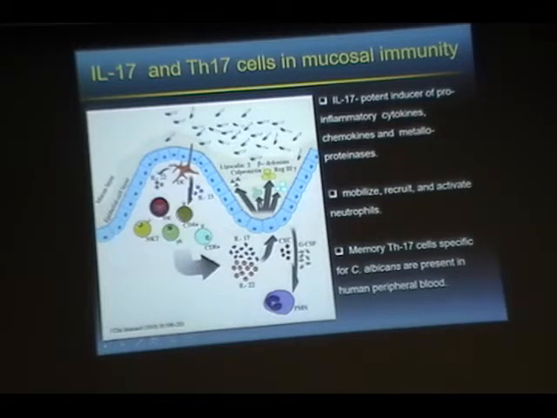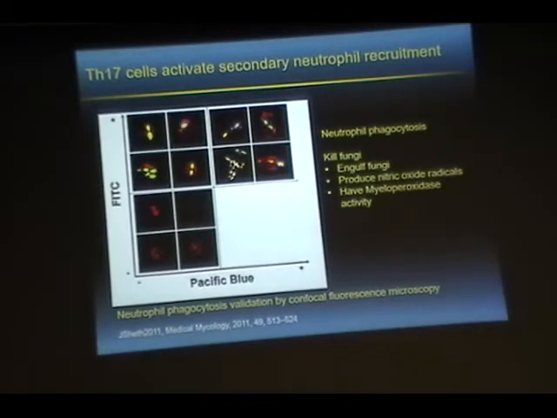And these cells, once they do take part in this innate cell activation, they go and form memory cells, and most of us will have memory Th17 cells specific for Candida albicans present in our blood. Okay, so this is where Th17 cells are shown to activate secondary neutrophil recruitment, and neutrophil phagocytosis is shown here.